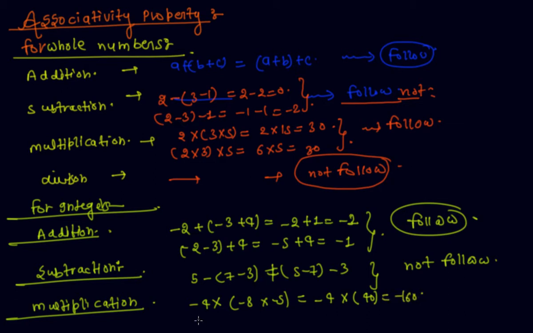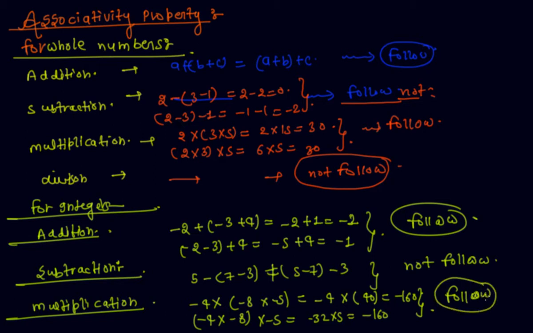If I take it this way, (minus 4 into minus 8) into minus 5, the answer is 32 into minus 5, which is minus 160. So the same answer in both situations. So multiplication follows the associative property for integers.